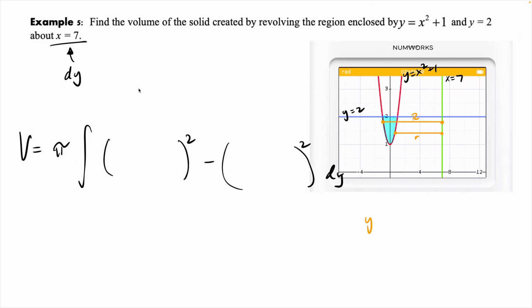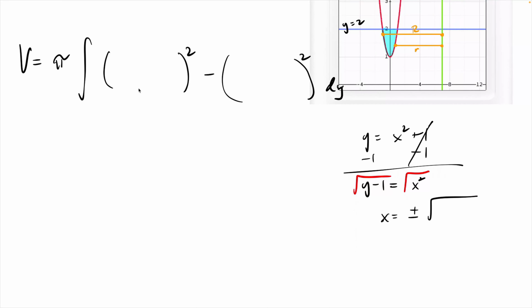So y equals x squared plus 1, right? So I subtract 1 from both sides. Take the square root of both sides. What happens when I take square roots when I'm solving, though? You get a plus and a minus, right? I get 2 answers.